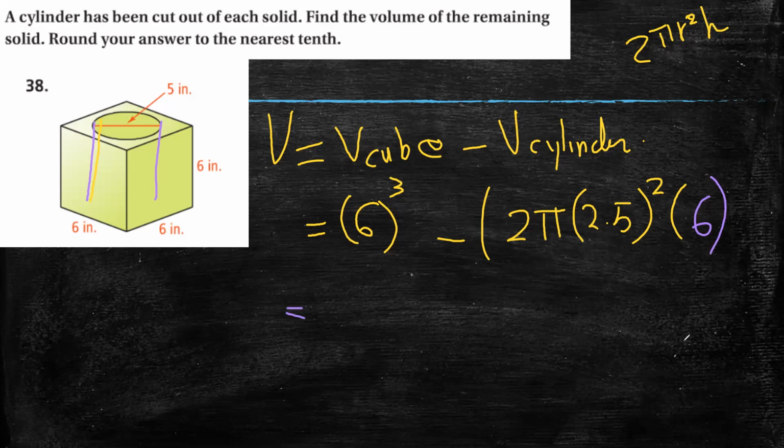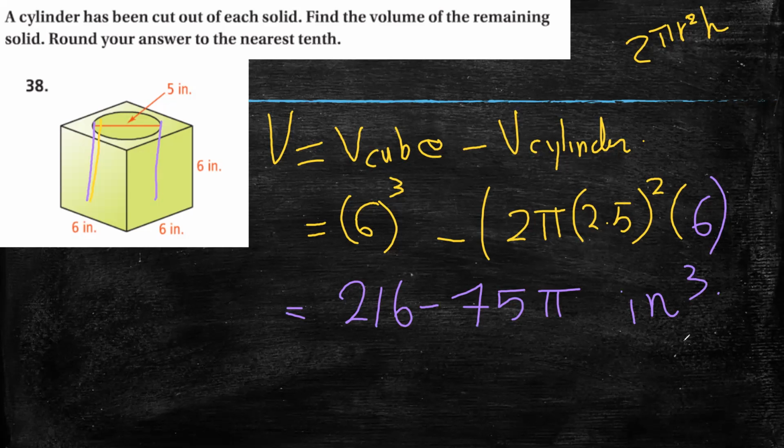So 6 cubed, which is 216, minus pi times 2.5 squared times 6, which is 37.5 pi. So this is the total answer in cubic inches.